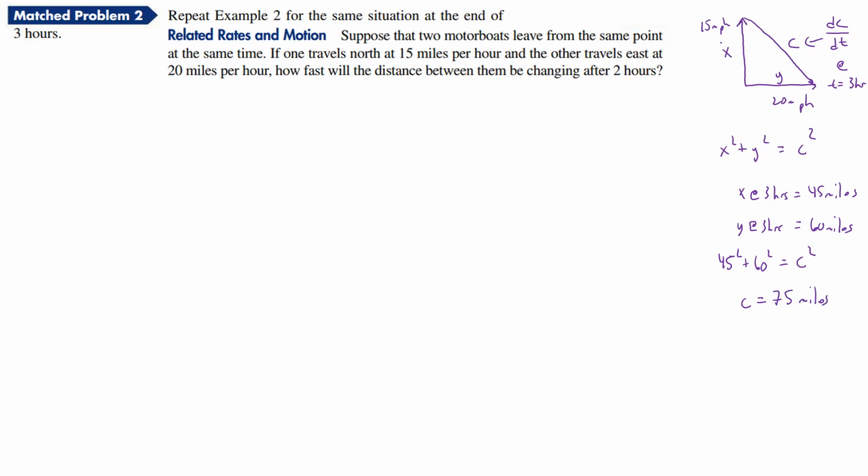We know the change in X, we know the change in Y, and now really all we have to do is find the change in C. So again, we're going to do the same thing as we did before. We're going to take the derivative of this equation. So we have x squared plus y squared equals c squared, and we're going to do implicit differentiation.